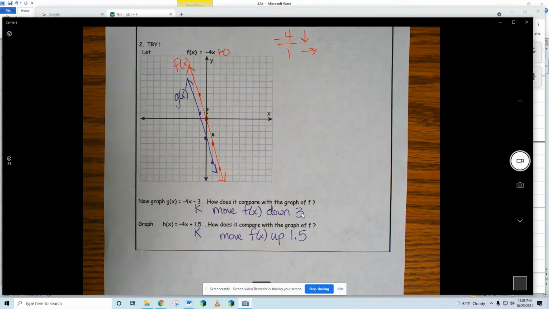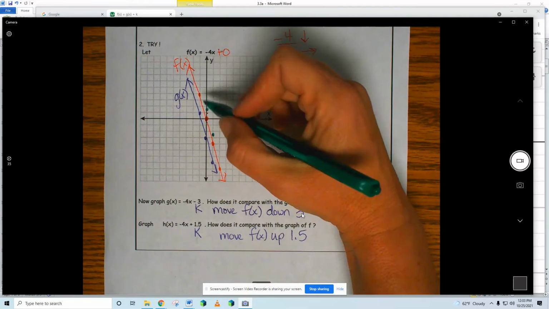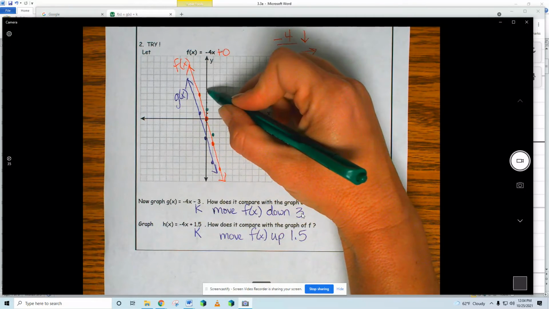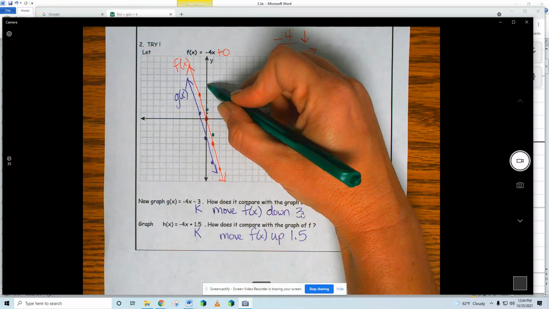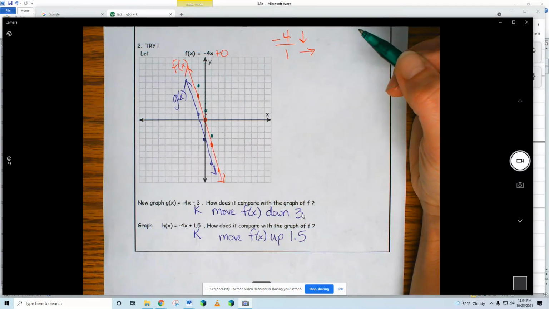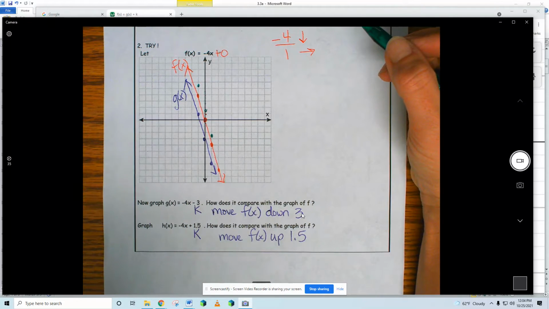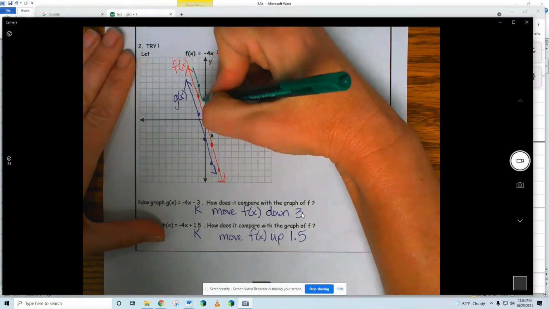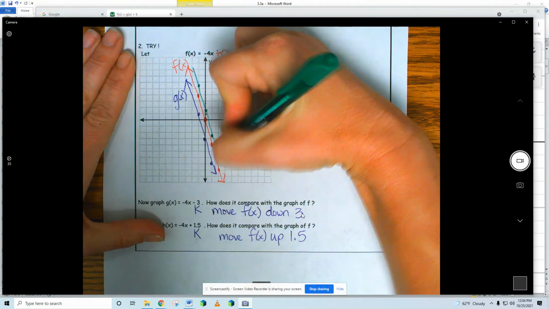I'm going to go the opposite direction. I'm going to go up 4. 1, middle of the box. 2, middle of the box. 3, middle of the box. 4, middle of the box. And left 1. This is very close. But it's still parallel.